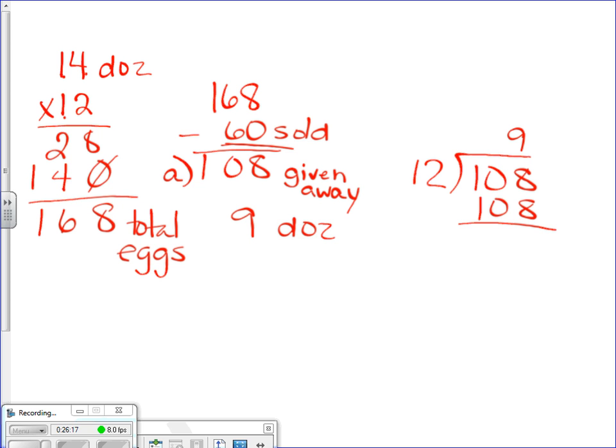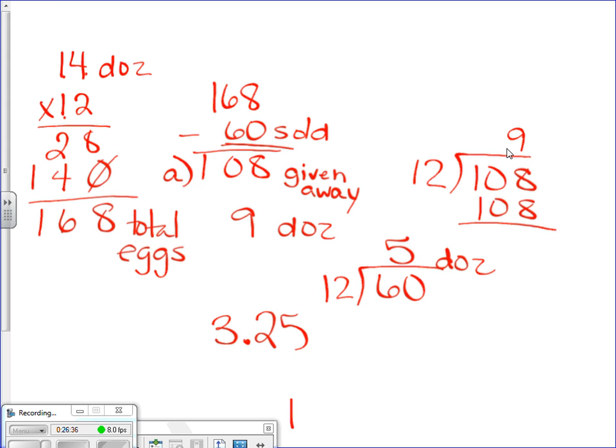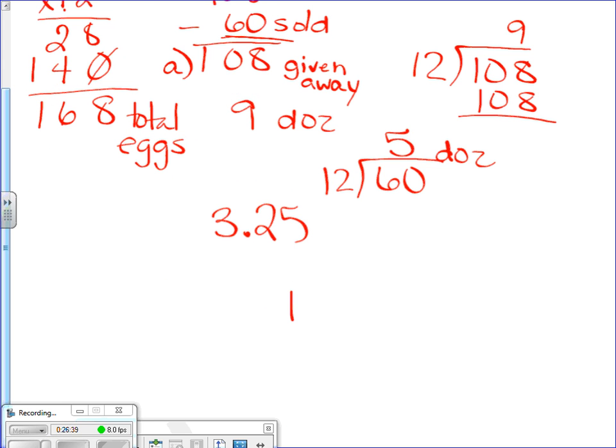No. So if he sold 60 eggs, 60 divided by 12 is how many dozen? 5 dozen. $3.25 times 5.